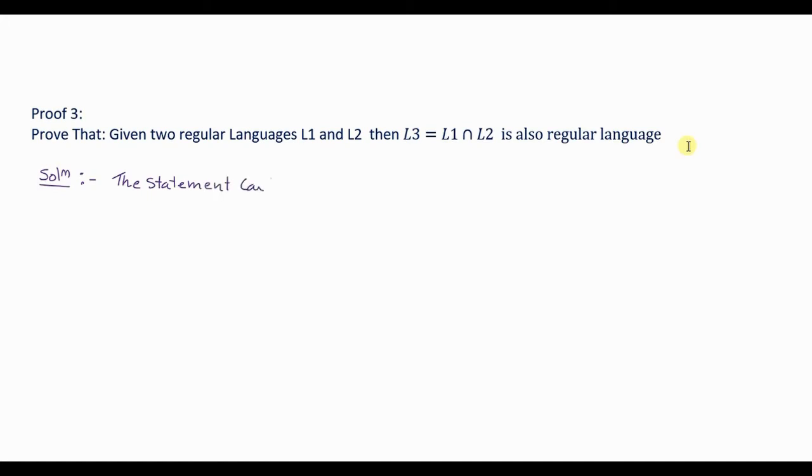So I can say that the statement can be proved indirectly by proving that, using De Morgan's law, okay, as follows.